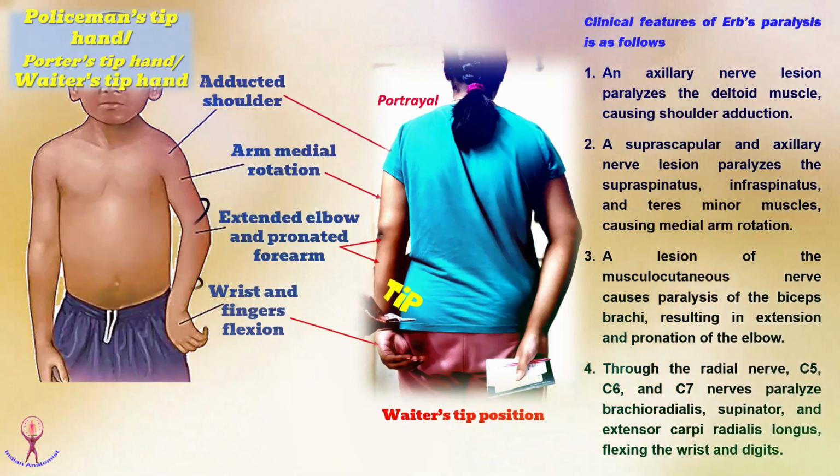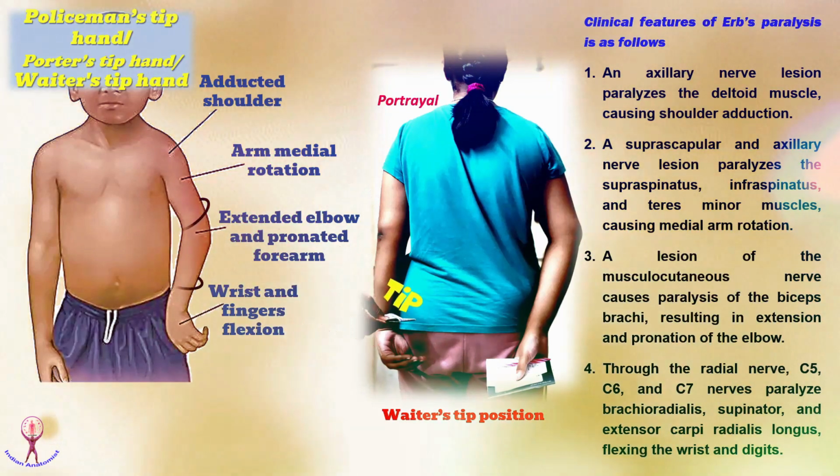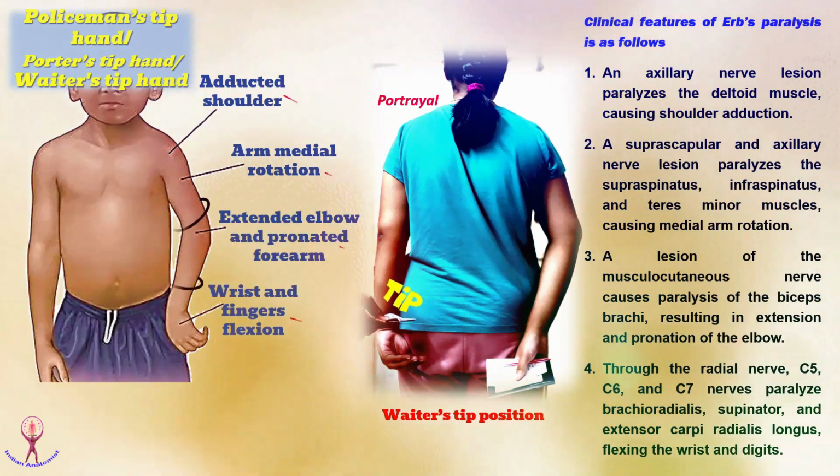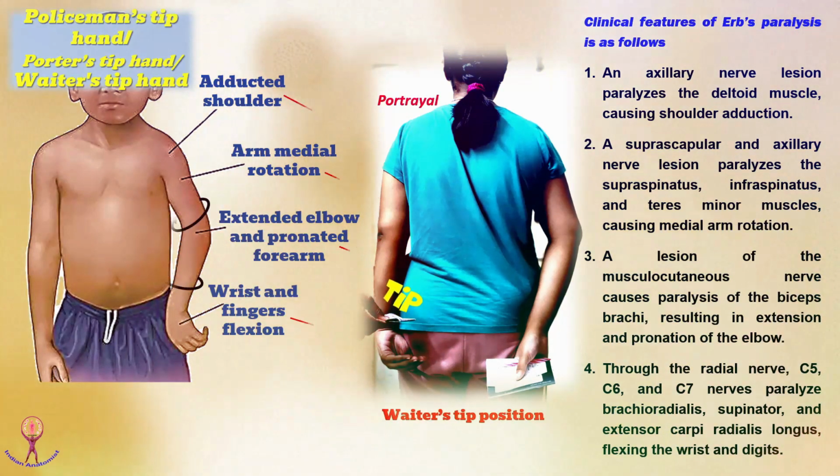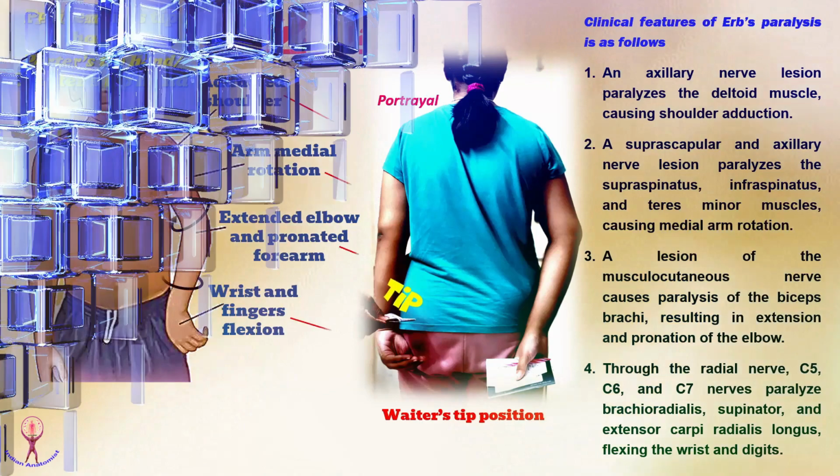A lesion of the musculocutaneous nerve causes paralysis of the biceps brachii, resulting in extension and pronation of the elbow. 4. The lesion of C5, C6, C7 via the radial nerve causes paralysis of the brachioradialis, supinator, and extensor carpi radialis longus, thus flexing the wrist and digits.